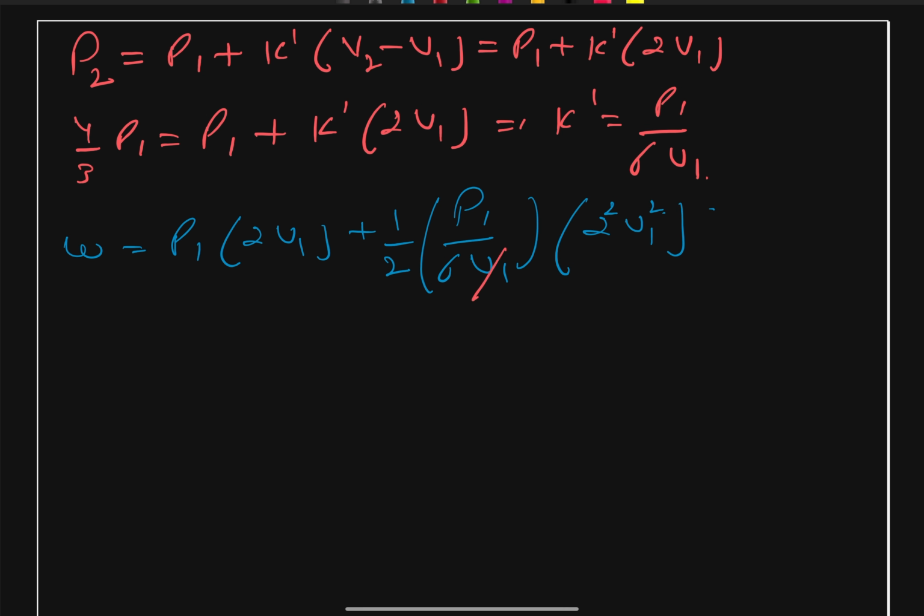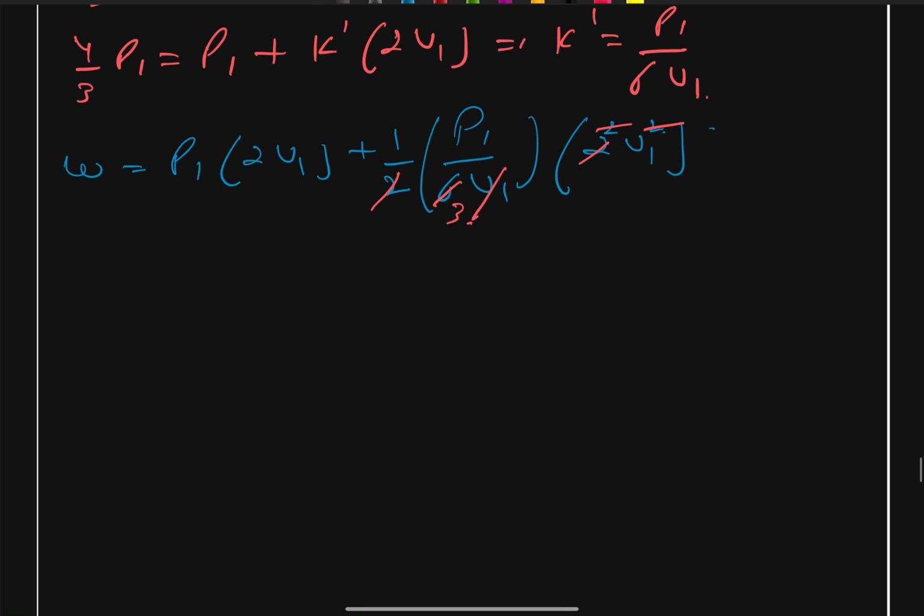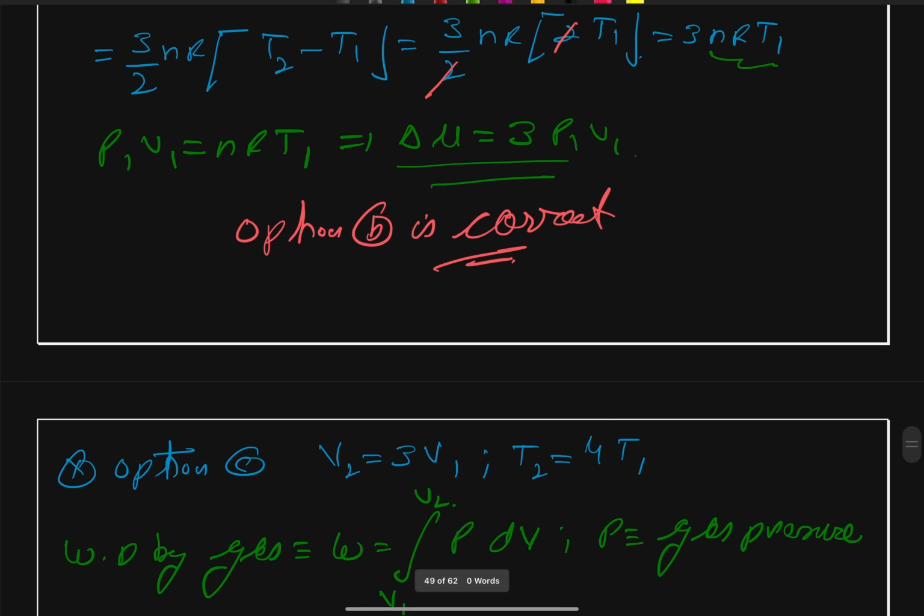So this V1 cancels with this square, and this 2 cancels with this square and 2 cancels with this 3. Therefore work done will be equal to twice P1 V1 plus 1 by 3 P1 V1, which gives us 6 plus 1, that is 7 by 3 P1 V1.